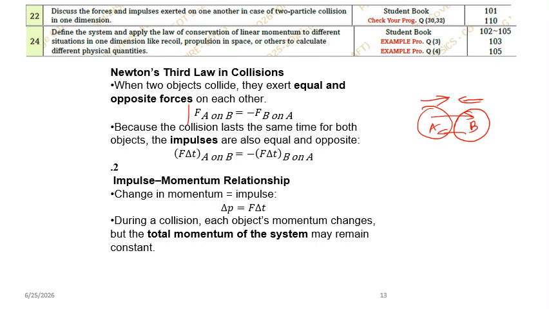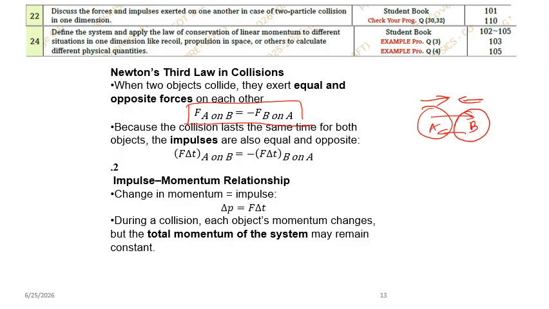The magnitude of the force exerted by A must be equal to the force exerted by B. So what is F A on B? The force exerted by A on B. And what is F B on A? The force exerted by B on A. So the magnitude of the force must be equal.